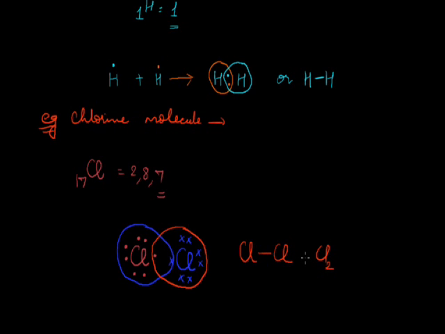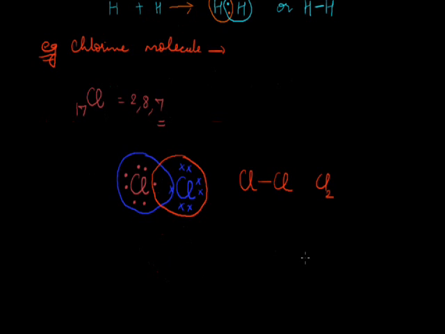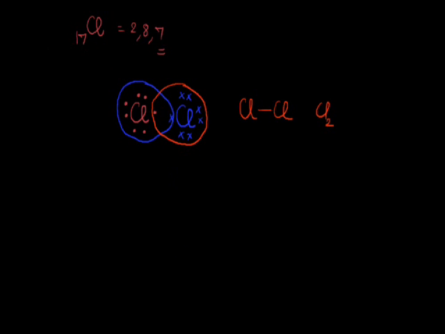So these were the examples of some molecules of elements which have covalent bonding in them. Let's take an example of a compound with covalent bonding, like hydrogen chloride. This is hydrogen with its 1 valence electron, and this is chlorine with 7 valence electrons.